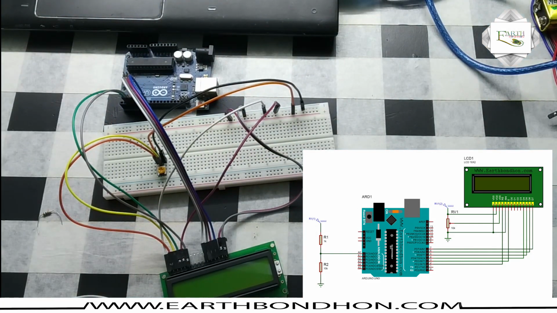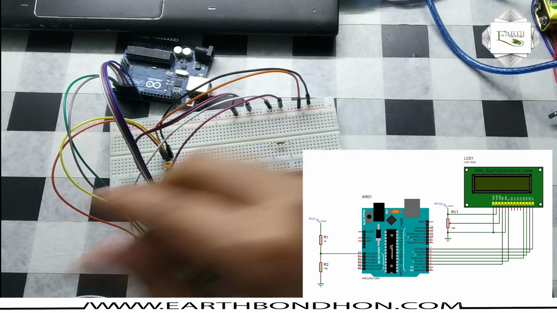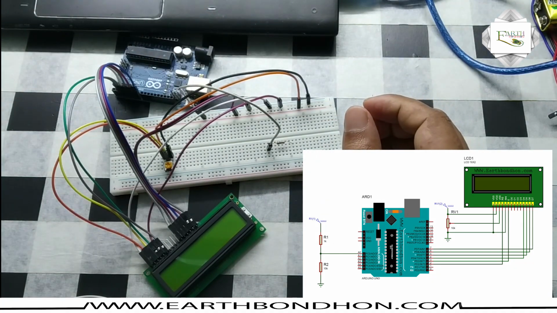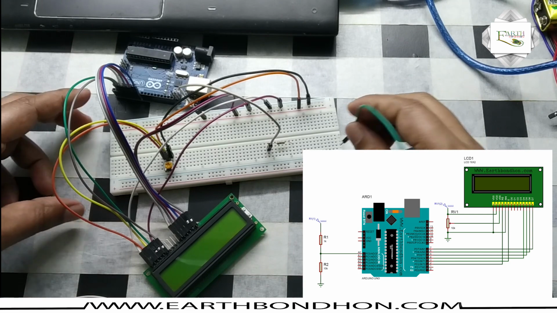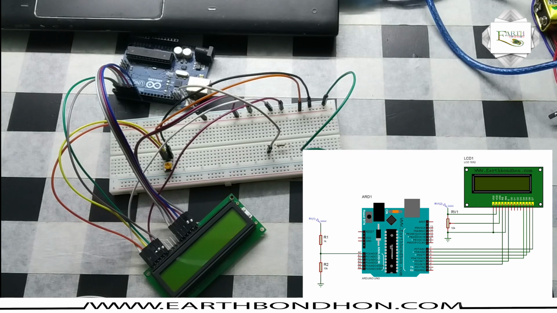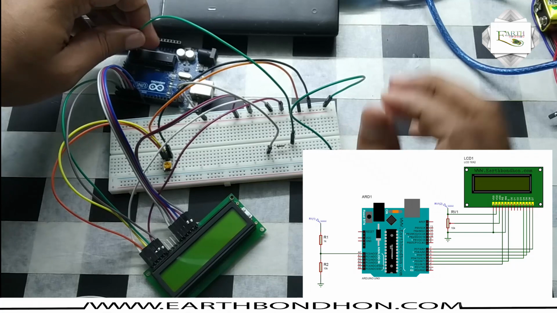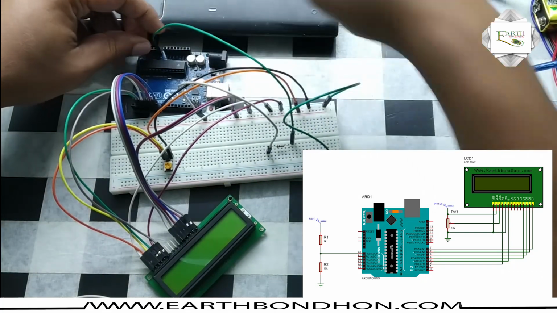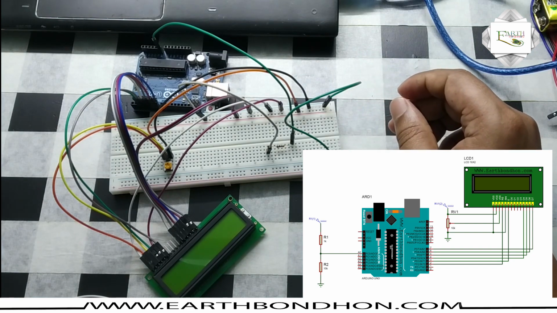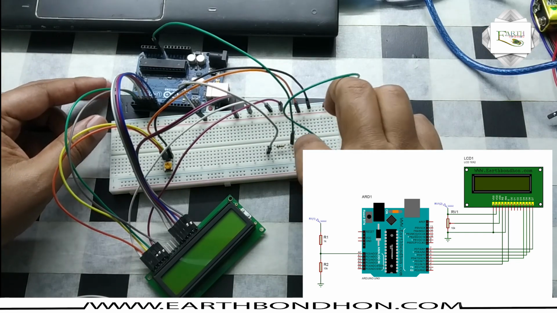Okay, now I set a resistor. This is the positive terminal and this is the negative terminal, and this terminal is the signal to the Arduino board, connected to analog pin A0, and this terminal is connected.